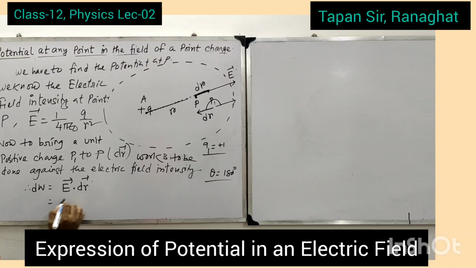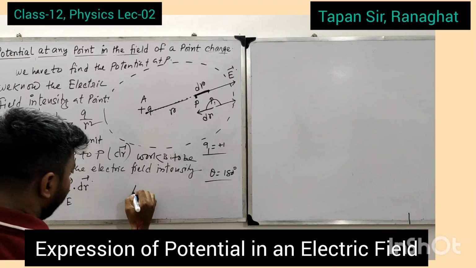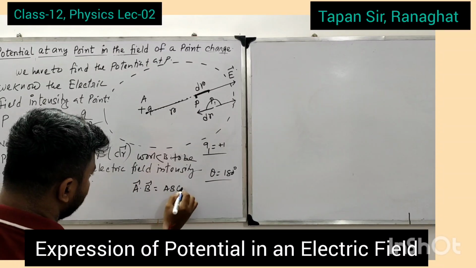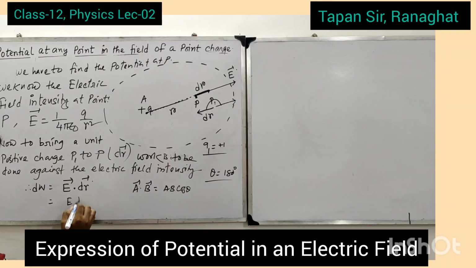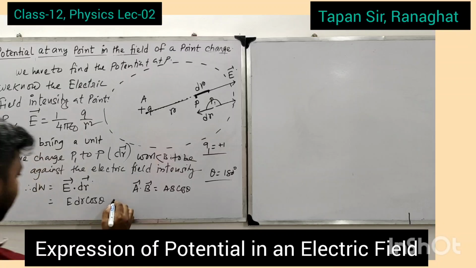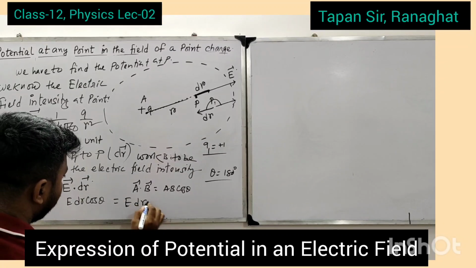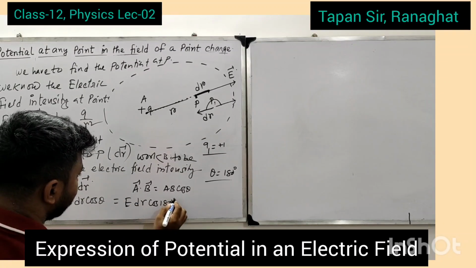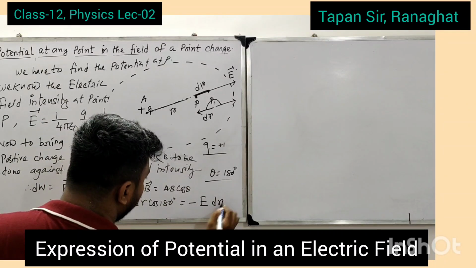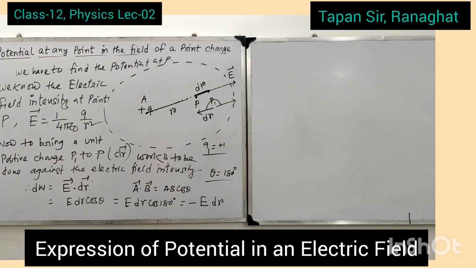So E dot dr means E dr cos theta, we know A vector dot B vector equal to AB cos theta. सो E dr cos 180 डिग्री इक्वल टू माइनस E dr, ठीक है.